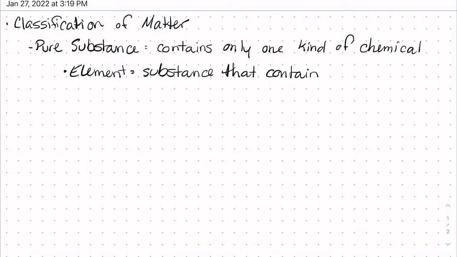In order for us to say that this is a sample of an element, all of the atoms in that sample must all be of the same kind. They all have the same atomic number.